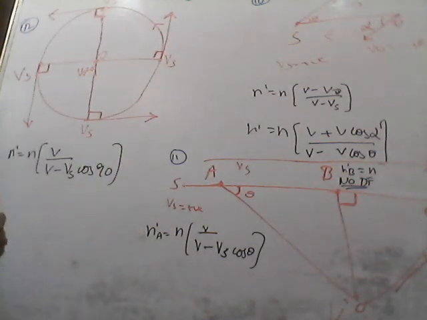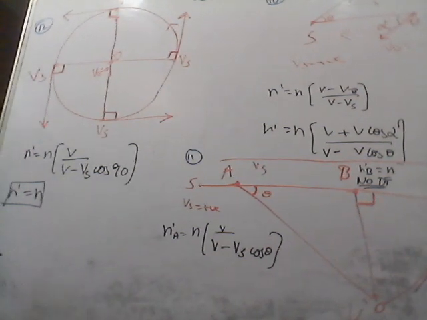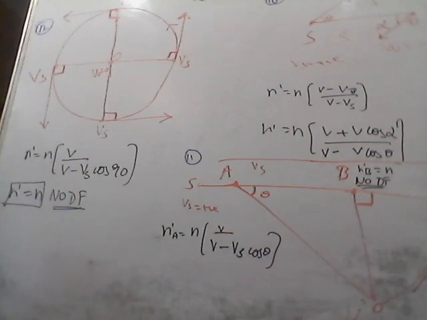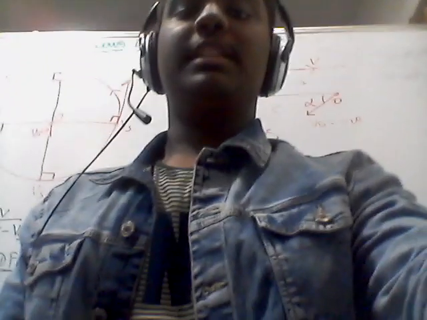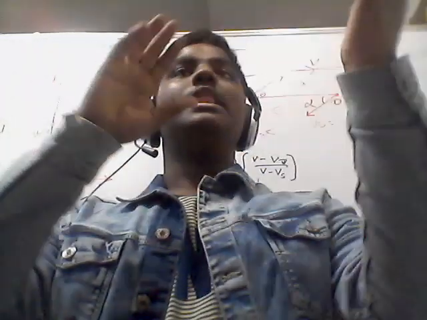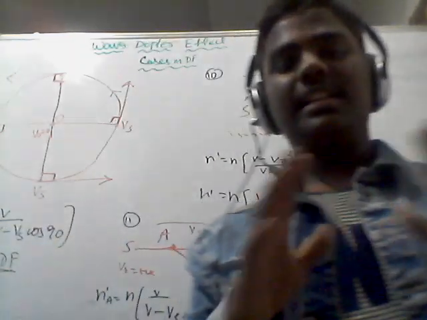Can I say N dash is equal to N? So can I say no Doppler effect? What we can conclude by this is that when the observer and the source are perpendicular to each other, then there is no Doppler effect. Generally we can say this.